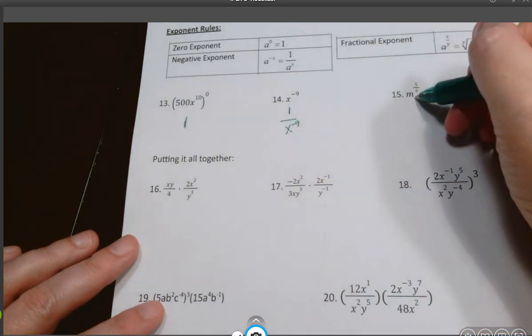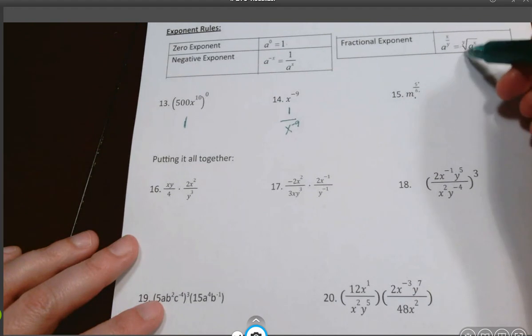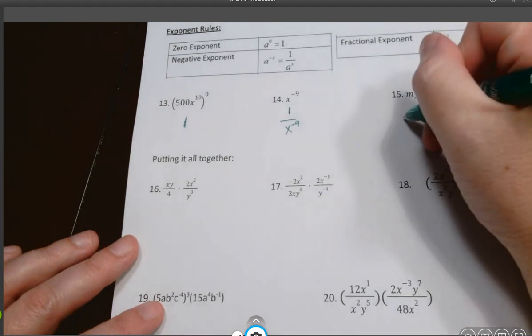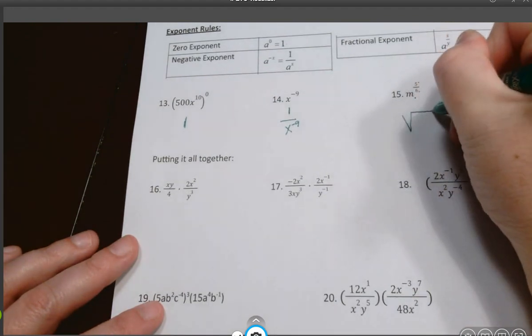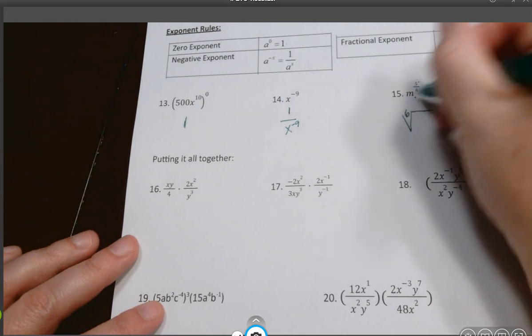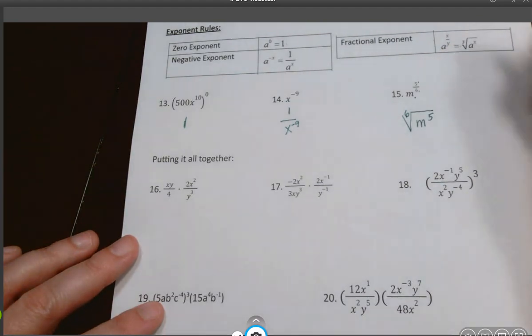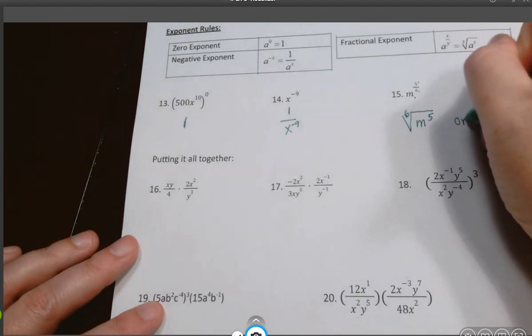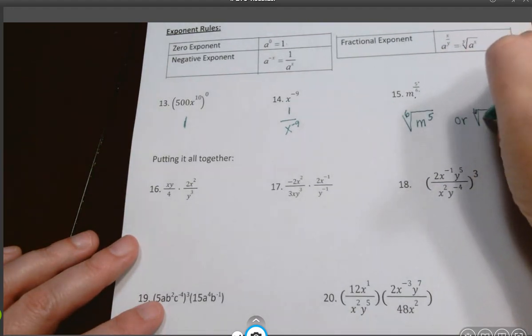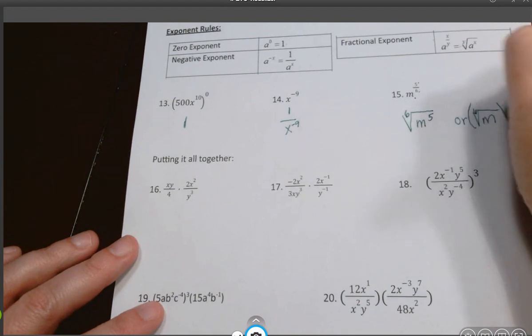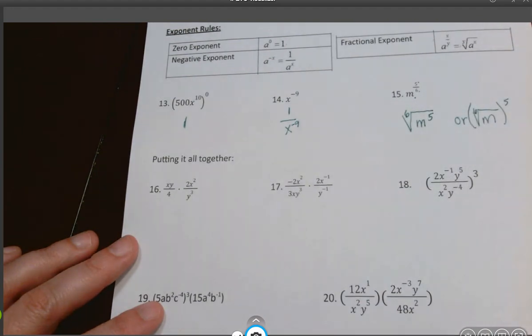And then this m to the 5/6, I'm going to rewrite as a radical. So it's going to be the 6th root of m to the 5th. Or you could also put the 6th root first, and then put to the 5th on the outside. They're both the same.